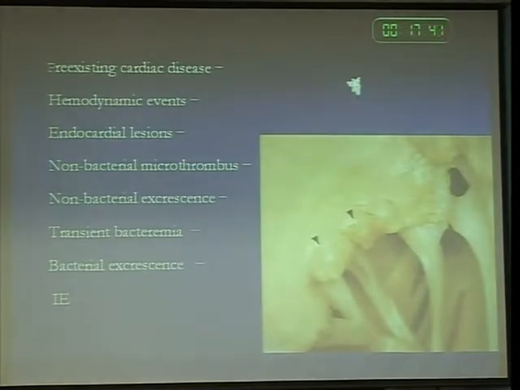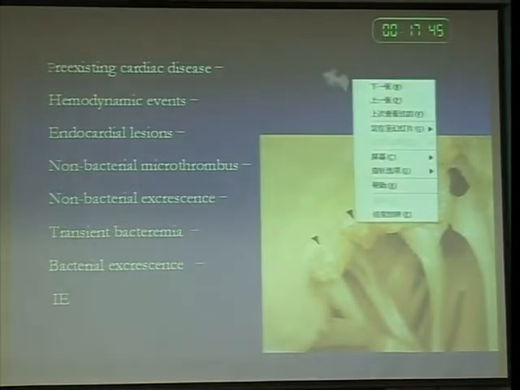So I summarize the mechanism here. The first, there is existing cardiac disease, and on the other hand, hemodynamic events happen, and then the two factors result in the endocardial lesions.